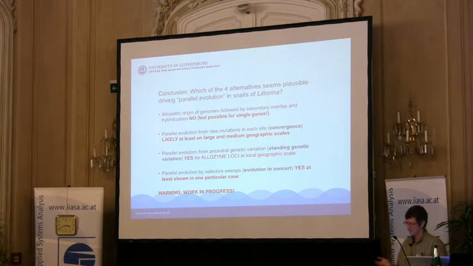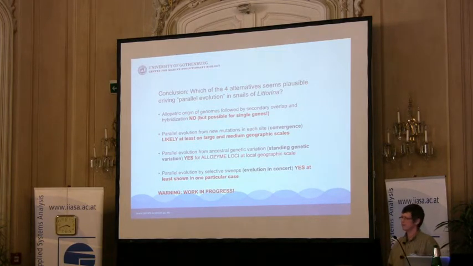But this seems not to be the story for the majority of the genome. Rather, we have indications that parallel evolution, or preferably convergent evolution, is quite likely, at least on a geographic scale, and possibly also on a medium scale, that is within countries.